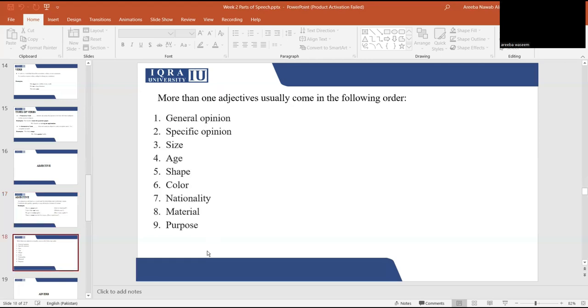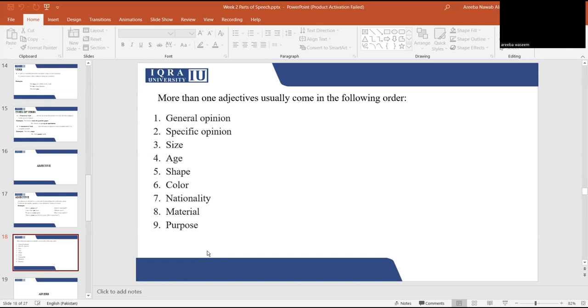Right? More than one adjective usually come in the following order: general opinion, specific opinion, size, age, shape, color, nationality, material, purpose. So what are these? These are what your adjectives usually come in the form of.